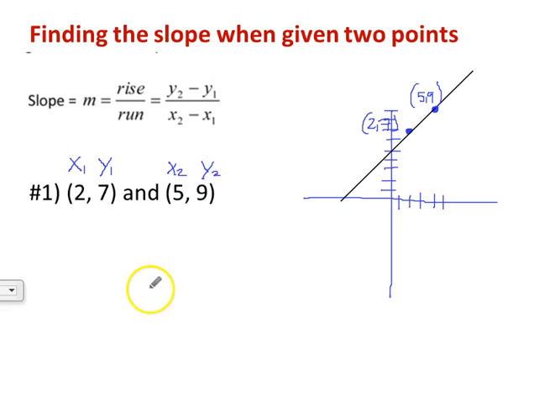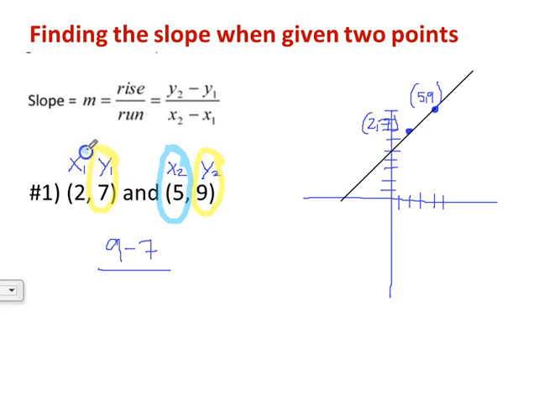So now we can plug these coordinates into the slope formula to find the slope. Again, to find slope, we take the second y coordinate and subtract the first y coordinate from it. So I'm going to do 9 minus 7. And then I'm going to put that over the change in my x coordinate.